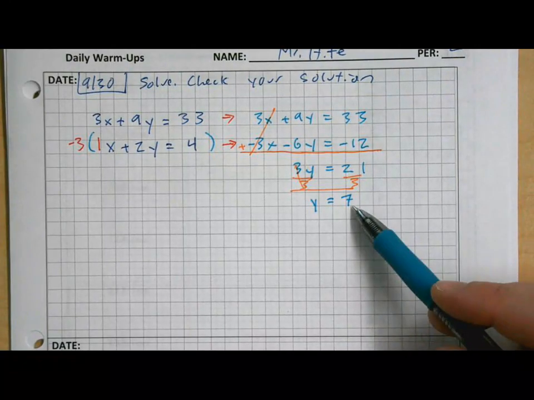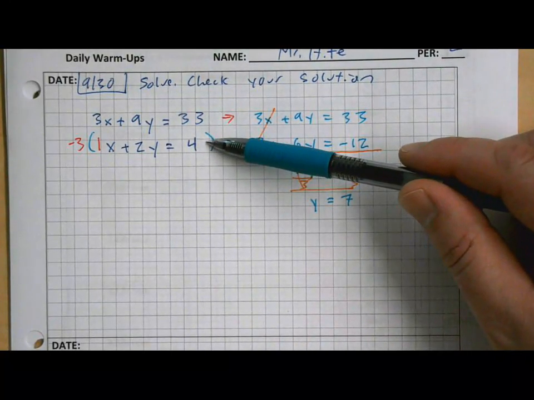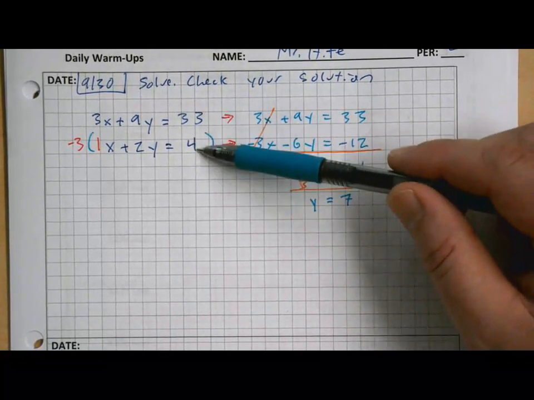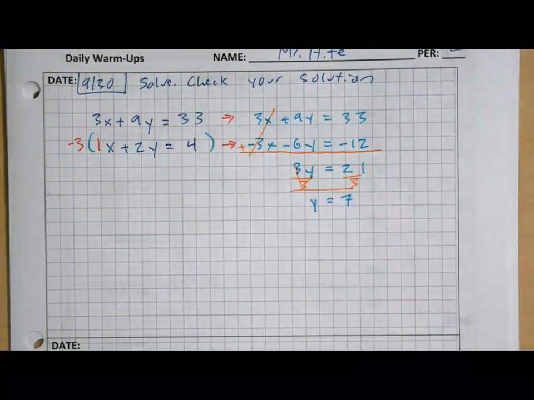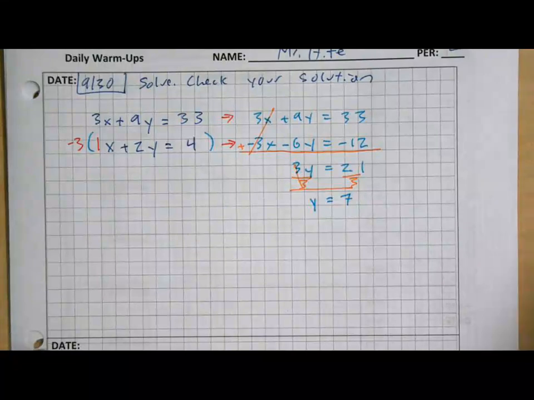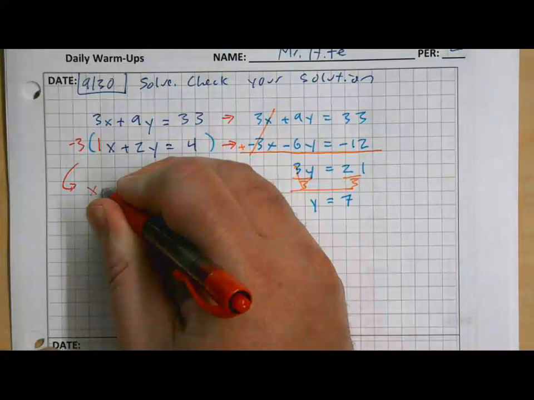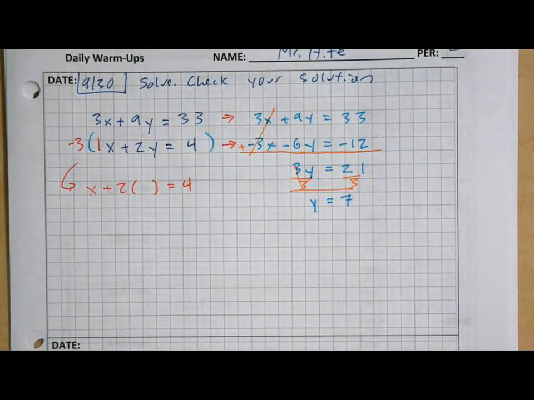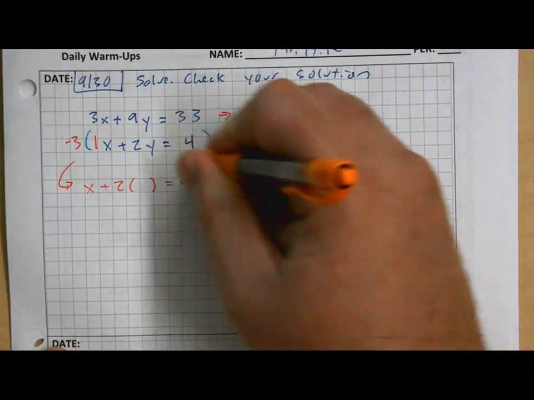Yeah, we're going to stick this 7 back into which equation? The top one or the bottom one, or it doesn't matter, our choice. You can do either one. Which one would you choose? Bottom one has smaller numbers. I like smaller numbers. I'm going with the bottom. So I'm going to take my bottom equation and rewrite it. It was 1x plus 2y equals 4, but I left my y out, and I left it out because I now have a value for y.